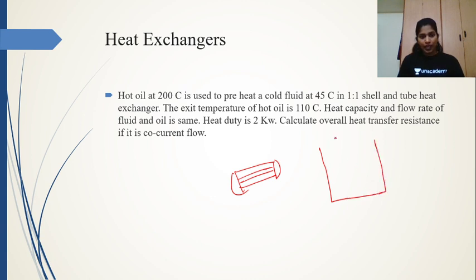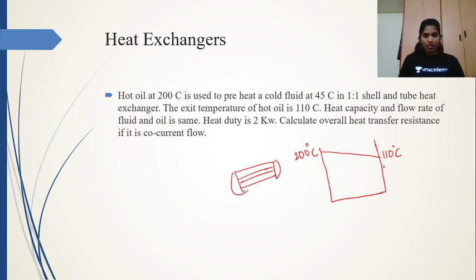First of all, we have data that it is a counter current flow, and the temperatures are 200 degrees centigrade and to preheat a cold fluid at 45 degrees centigrade. The exit temperature of hot oil is 110 degrees centigrade.